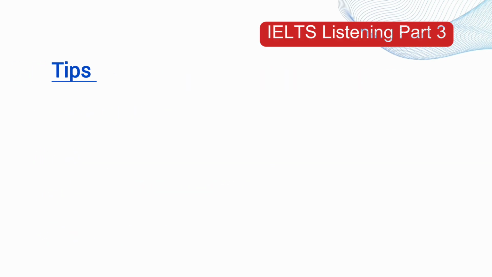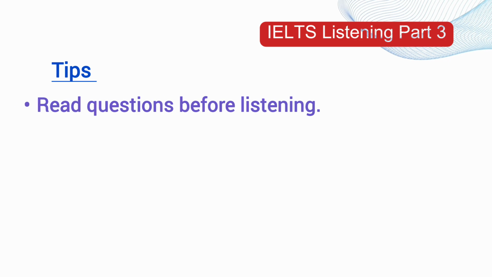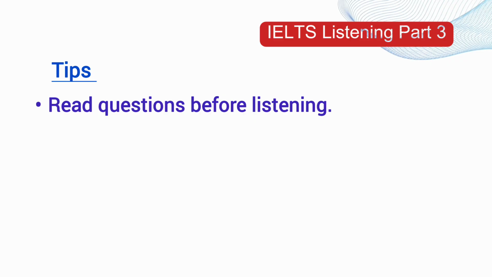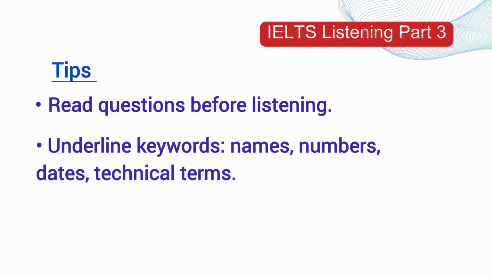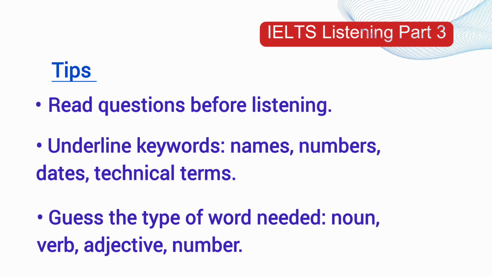Let us look at some strategies that will help you score band 9 in this exam. Read questions before listening. Underline keywords, names, numbers, dates, technical terms. Guess the type of word needed, whether it's a noun, verb, adjective, or number.